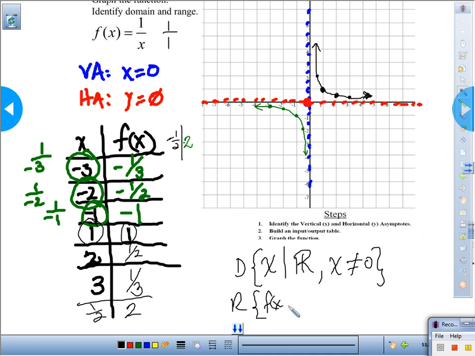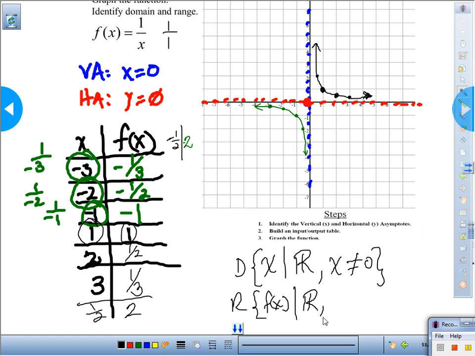F of x such that, look at it, if it keeps going this way, it's going to go to negative infinity of f of x, positive infinity of f of x. Now, Nayeli, finish it off. F of x what? Yeah, all real numbers.